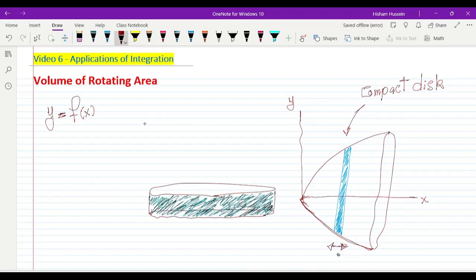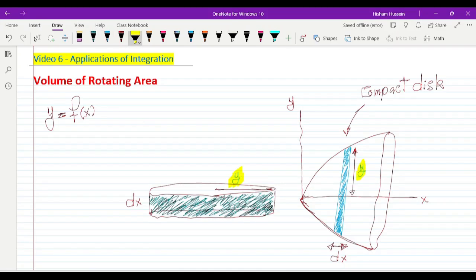This thickness is parallel to x, so it is dx, and the radius of this cross section corresponds to the radius of this cylinder. The radius is parallel to the y-axis, so it is y.